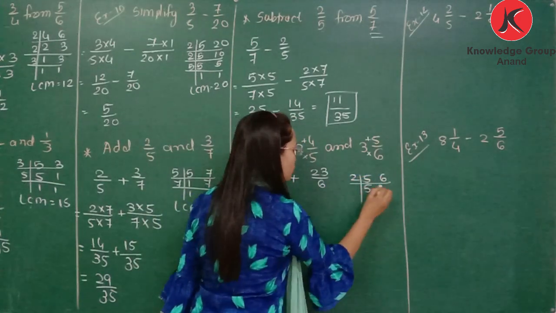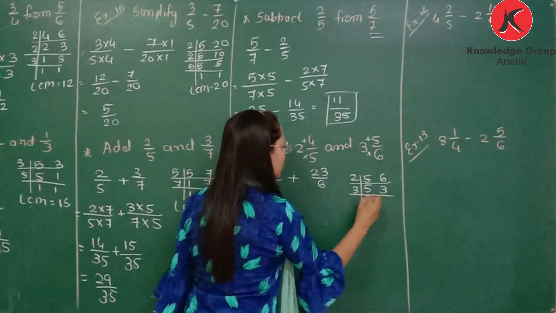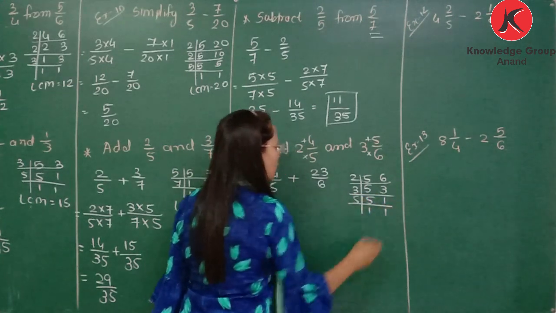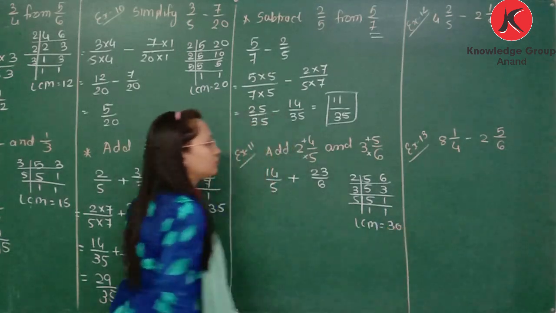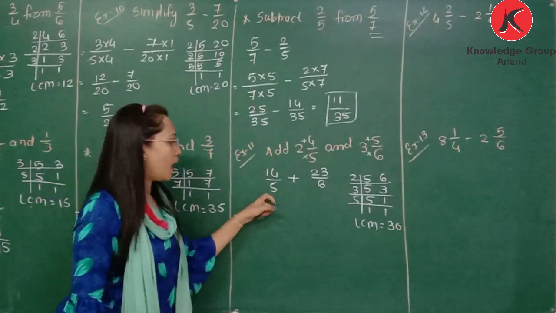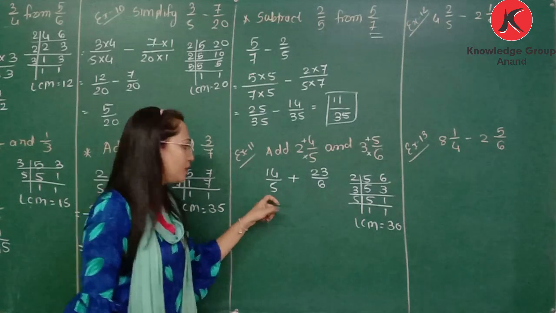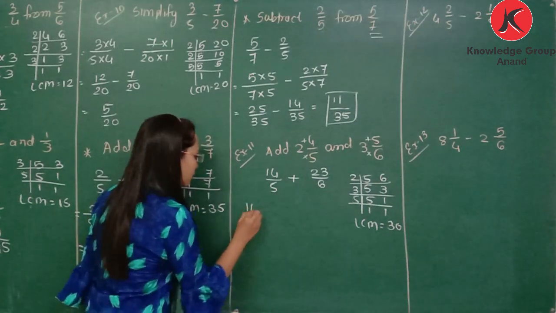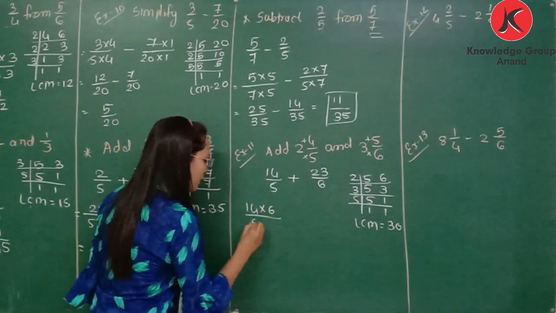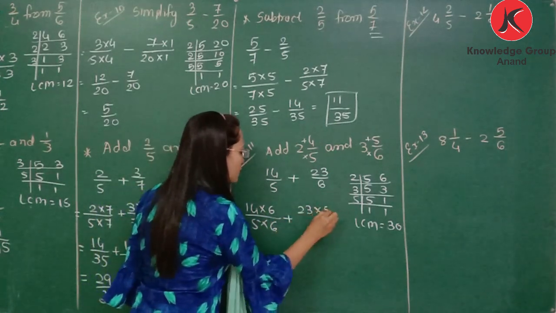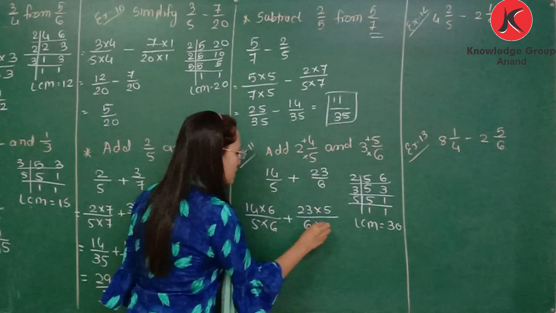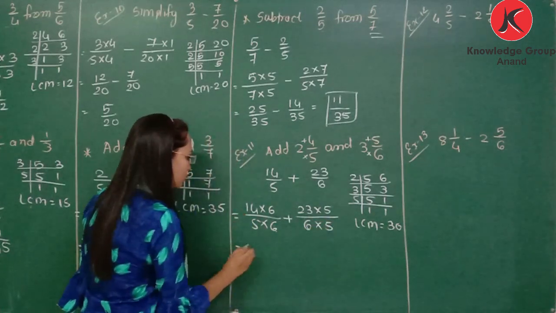First of all we start with 2. Now 5. So here the LCM is 30. Now how can we get 30 here? By multiplying 5 with 6. So the same in the numerator, 14 is also multiplied with 6 and 23 is multiplied with 5, and 6 is also multiplied with 5.